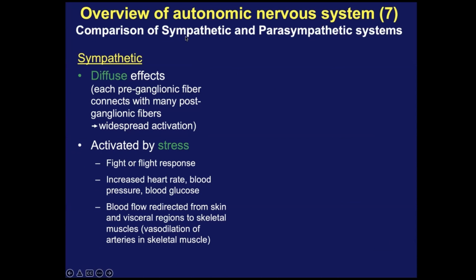To compare the sympathetic and the parasympathetic systems, the sympathetic system causes diffuse effects. This is because each preganglionic fiber connects with many post-ganglionic fibers, so that when the system is activated, it causes a widespread activation throughout the human body.